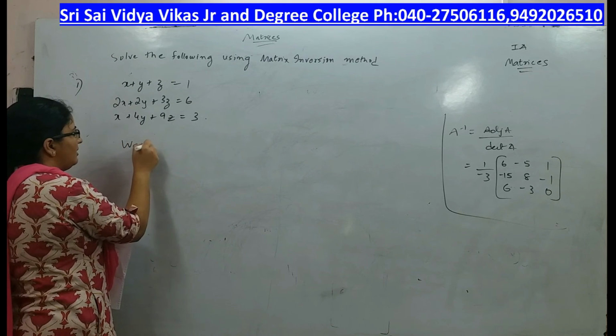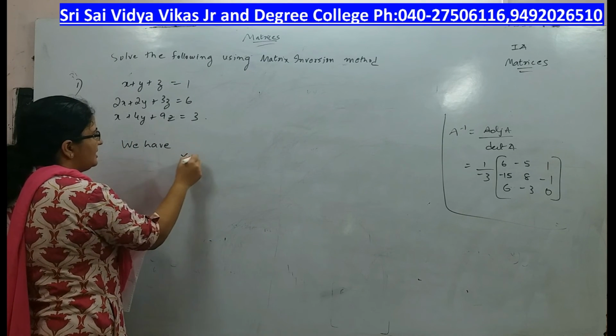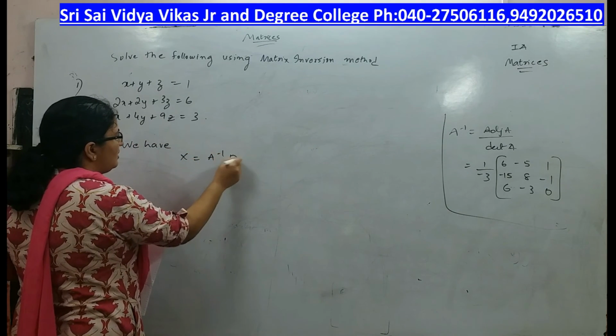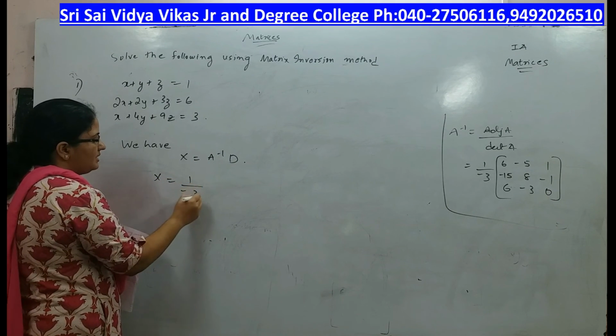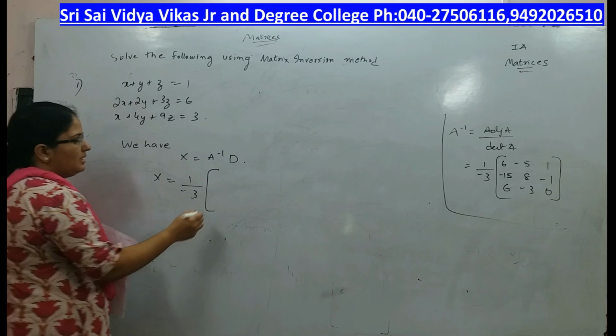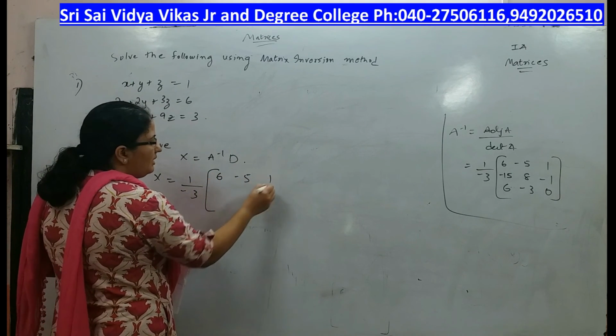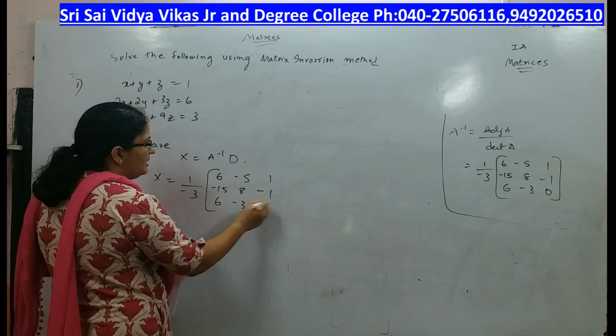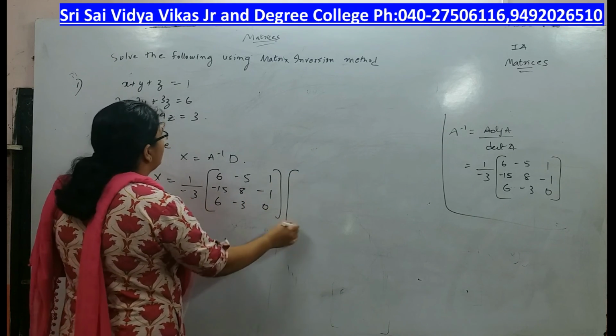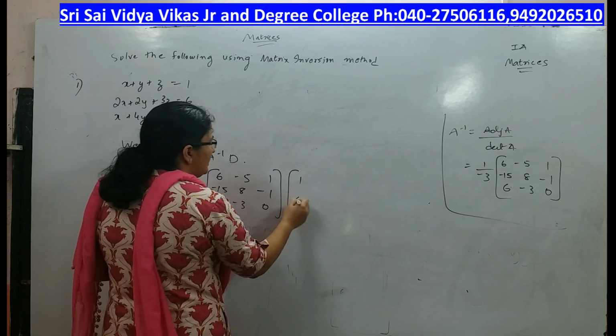We have X is equal to A inverse into D. So X is equal to 1 by minus 3 into [6 minus 5 1; minus 15 8 minus 1; 6 minus 3 0] into D. What is D? [1 6 3].